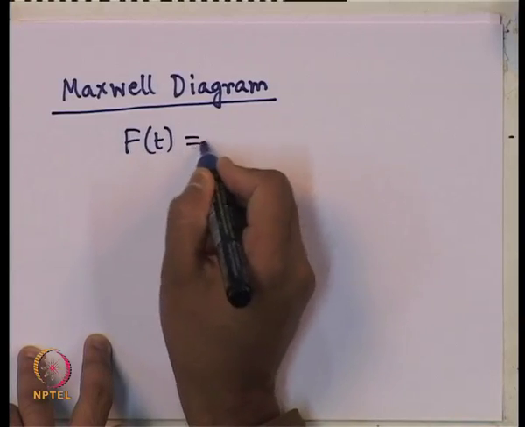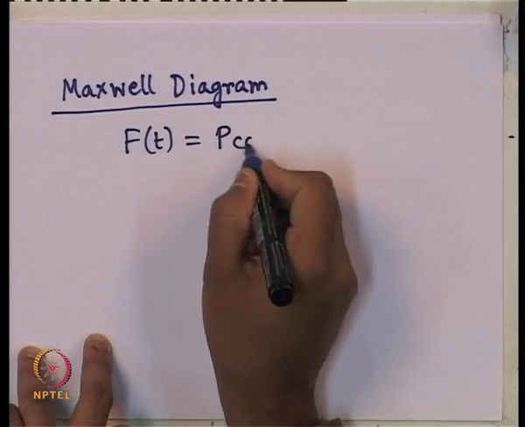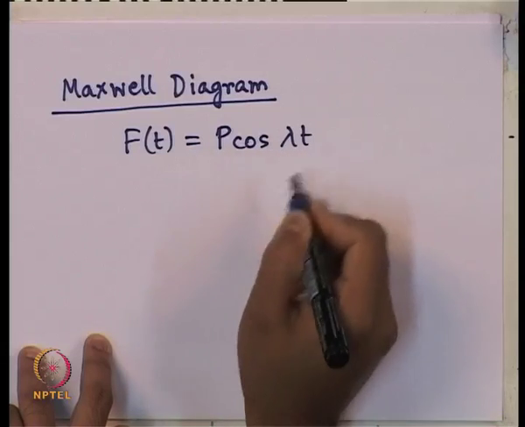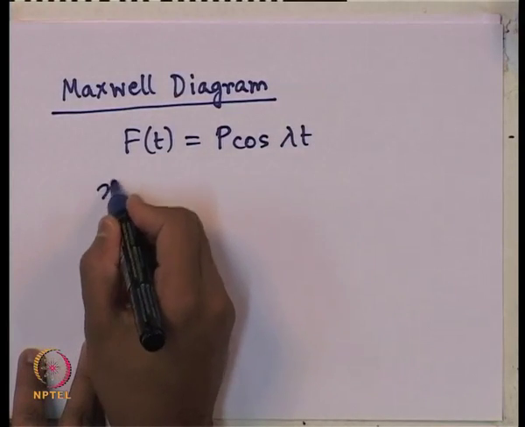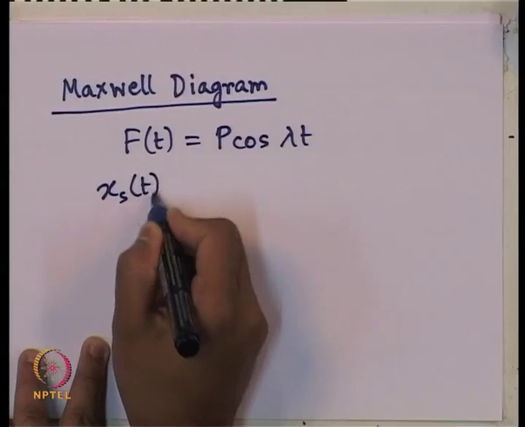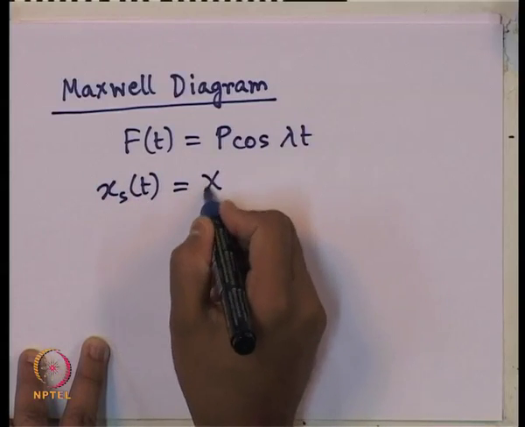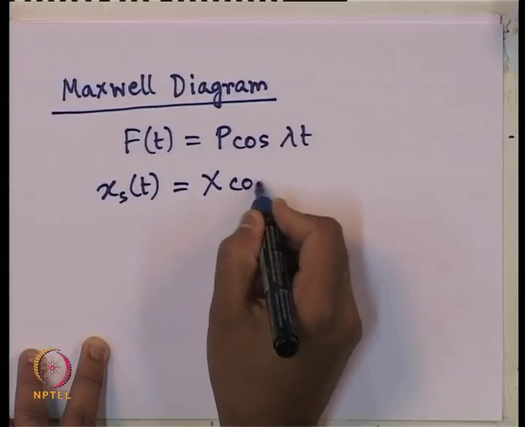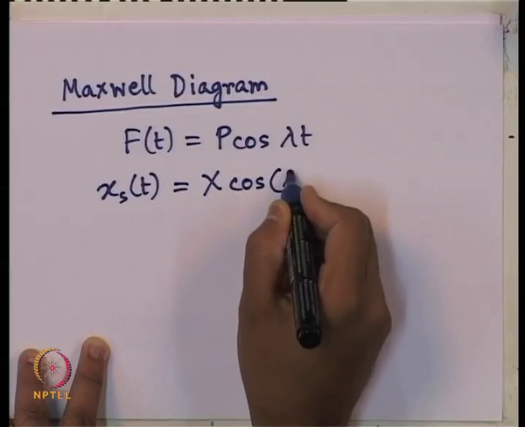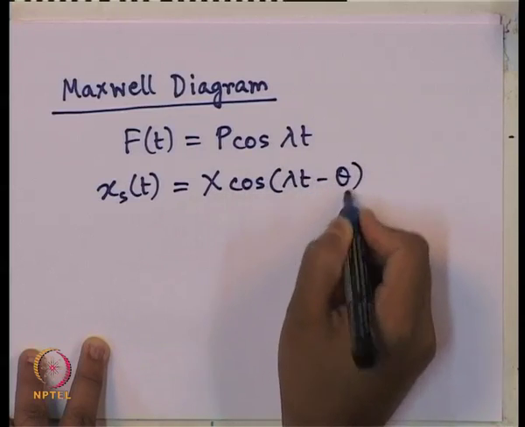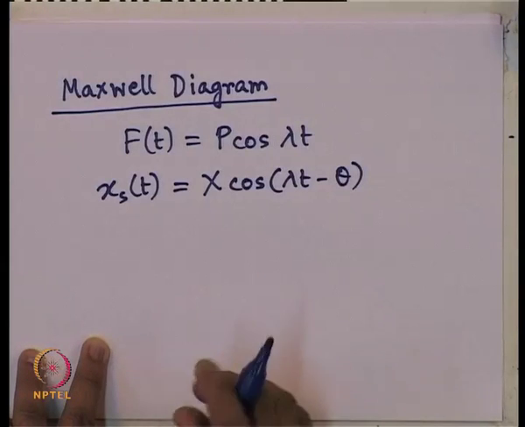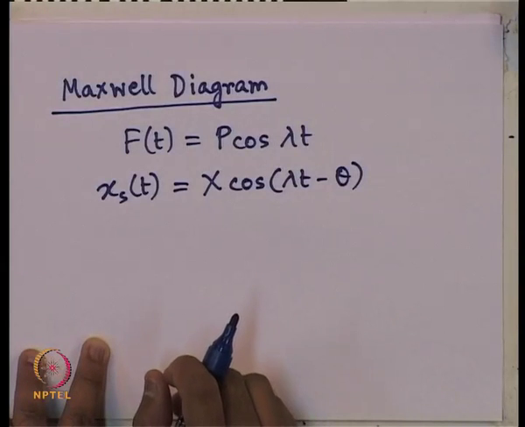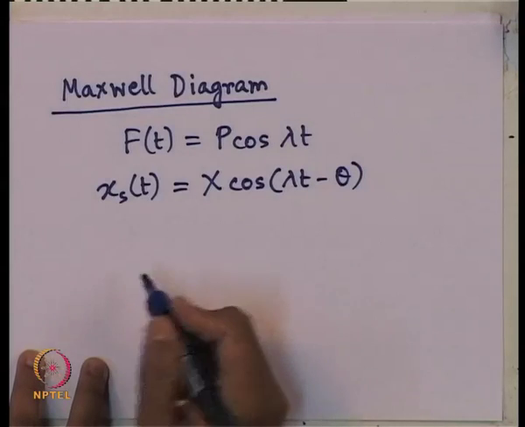We have f of t equals p cosine of lambda t, for which we got the steady state response x of t is x cosine of lambda t minus theta. That was the form of the solution, okay, some cosine function.